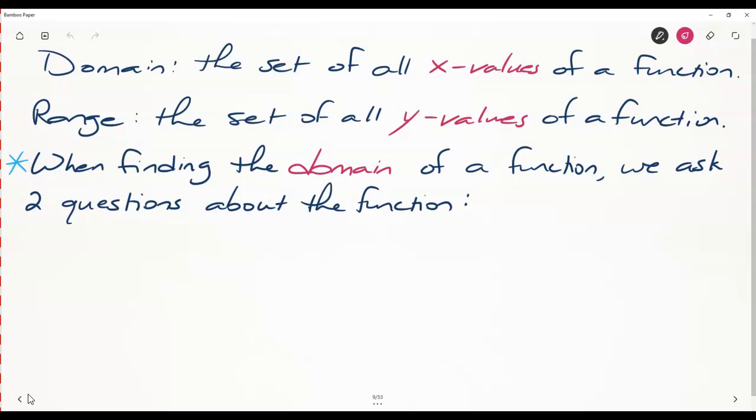And we'll see a problem in just a moment where if the graph is given to you, the domain and the range, there's no calculation to do. You can read it right off the graph. When we get to quadratic functions and rational functions, then we'll start turning our attention to the domain and the range of those functions. For now, we're going to focus on how we find the domain.